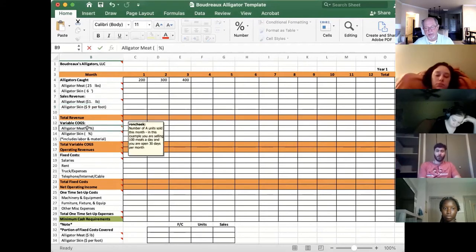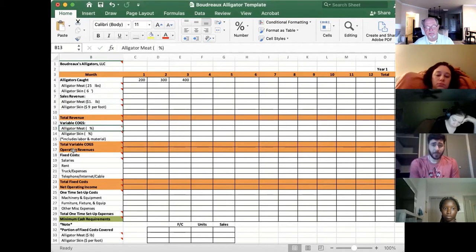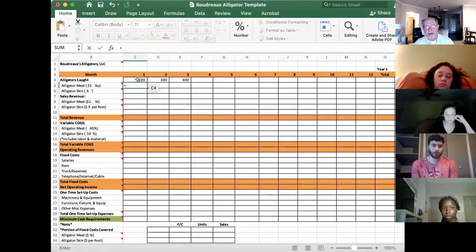Now, on alligator meat, what did he say? He said it was going to cost him 40%. And he said it was going to cost him 50% for alligator skins. So this is the stuff that we know at this point, right? So for alligator meat, he's doing 200 alligators times 25.